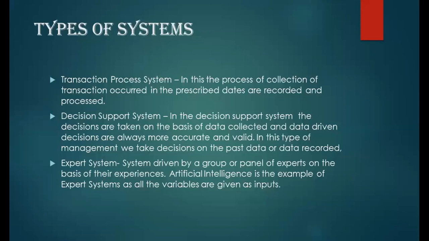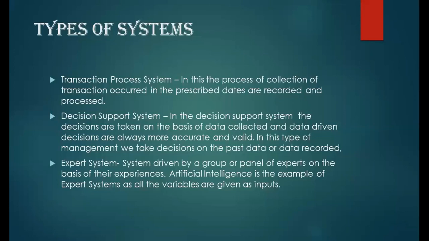Those probabilities are recorded. They may be in the form of variables, like some motion or some activity, and how that motion can vary from time to time or from direction to direction. This can be recorded with the help of observation and experience. So an expert system is basically a team of experts who lay down this kind of system.